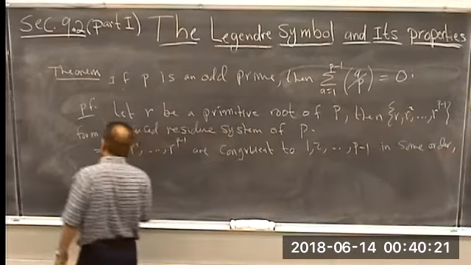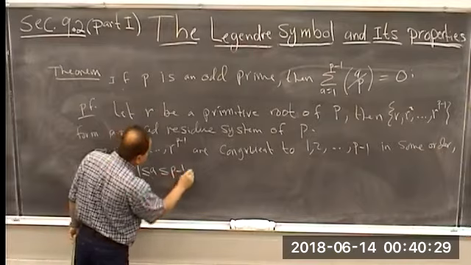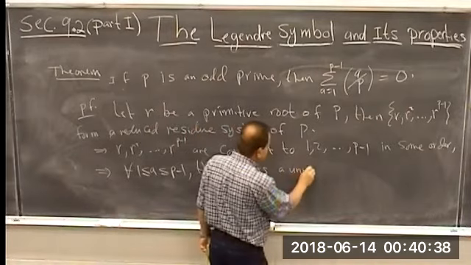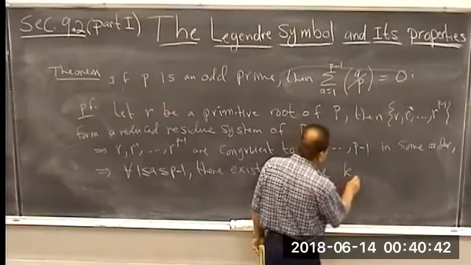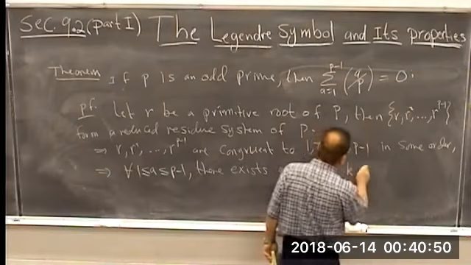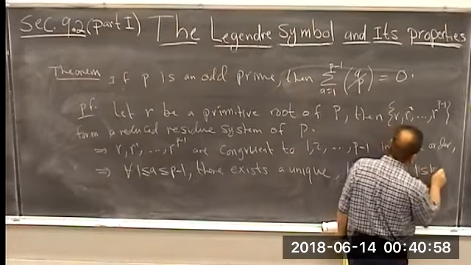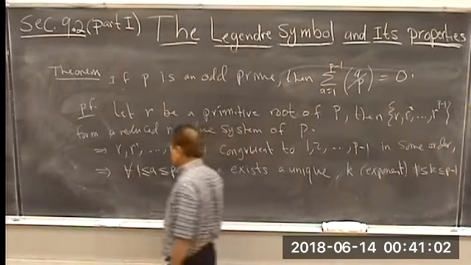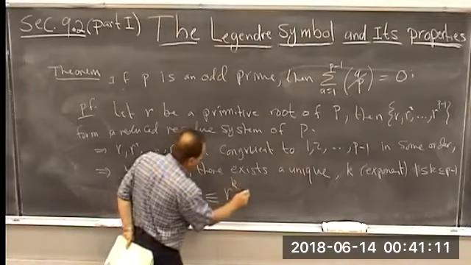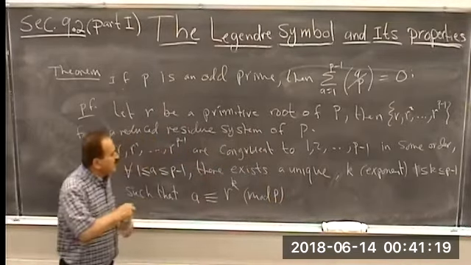And this implies that for every A between 1 and P minus 1, there exists a unique exponent K between 1 and P minus 1 such that A is congruent to R to the K mod P. This is because of the reduced residue system, so it will be congruent to each one of these in some order.